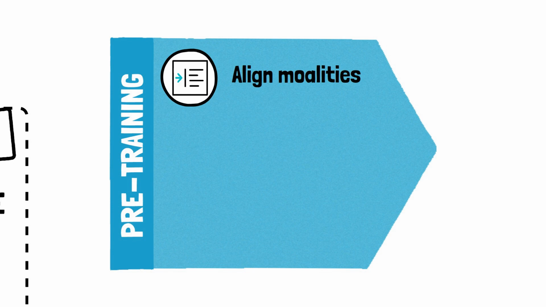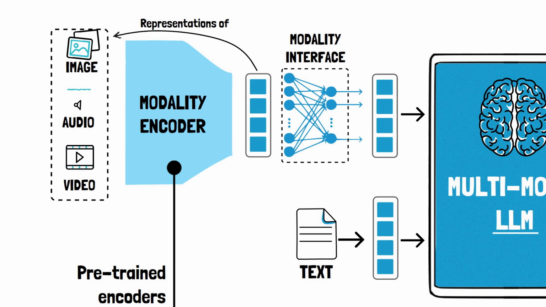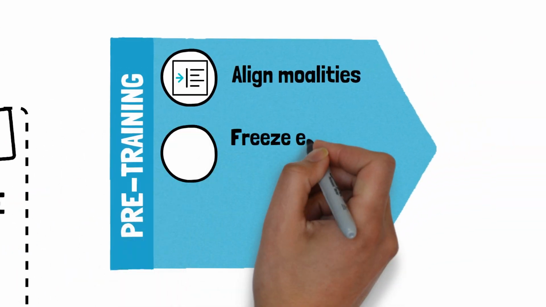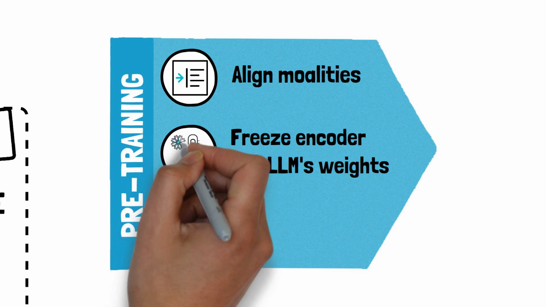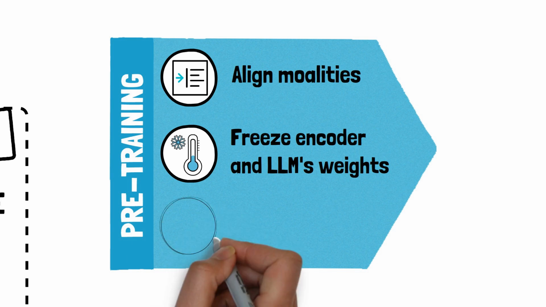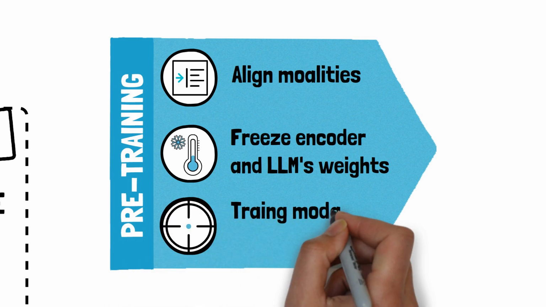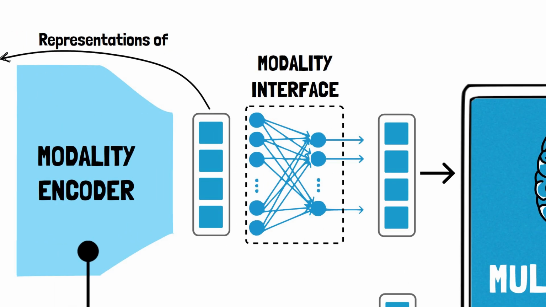As we already start with a pre-trained LLM and a pre-trained modality encoder, we typically freeze the parameters of these two components. This approach avoids inadvertently losing that pre-trained knowledge. Instead, we focus on training the learnable interface that projects the encoder representations into the LLM's embedding space.